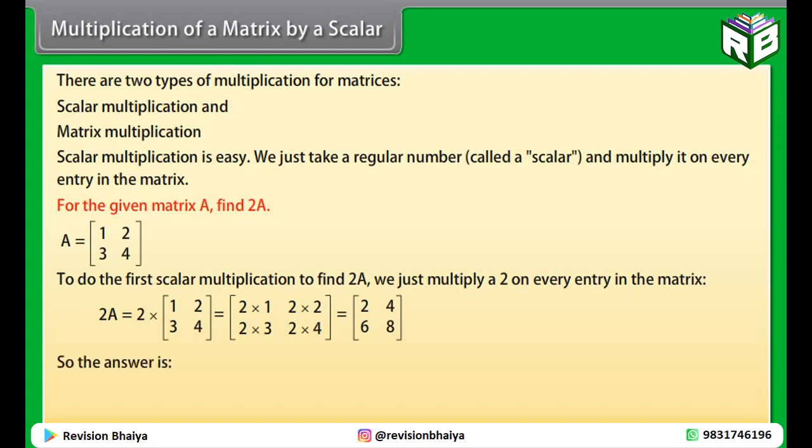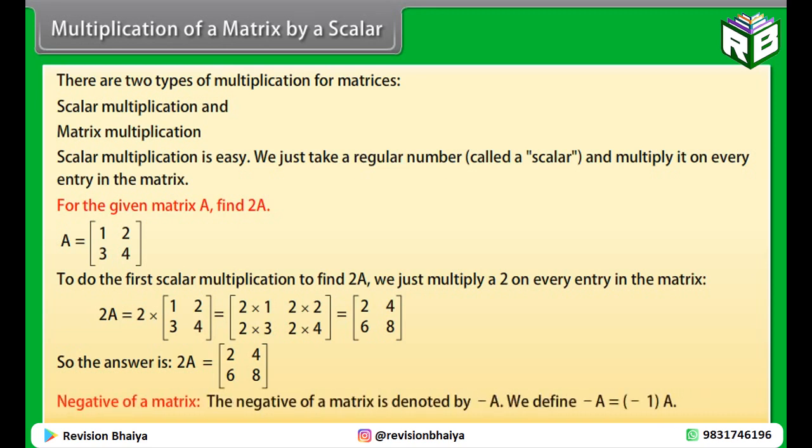So the answer is 2A equals the matrix, first row 2, 4, second row 6, 8. Negative of a matrix. The negative of a matrix is denoted by minus A. We define minus A is equal to minus 1 into A.